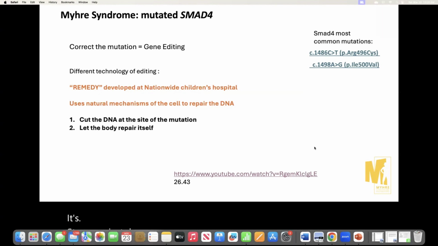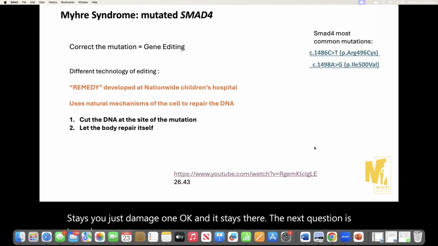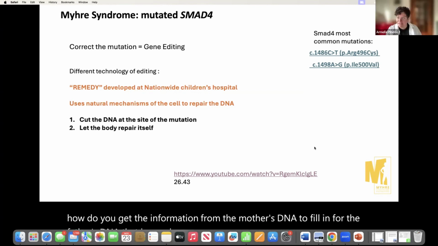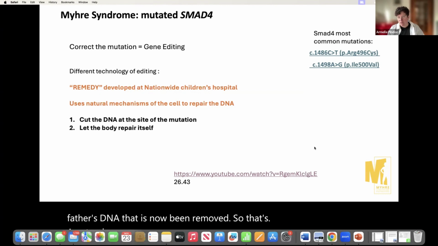Okay. So the next question is, how do you get the information from the mother's DNA to fill in for the father's DNA that has now been removed? So that's a natural process. When the cells come to a certain point, there is a cell cycle.